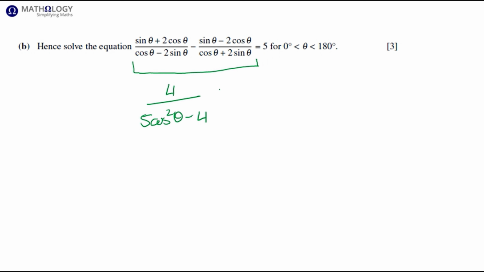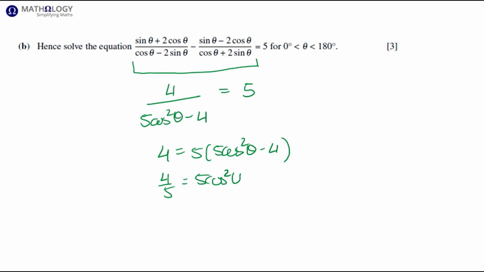So we can now use that to solve this equation. So we can multiply both sides by this denominator. So 4 equals 5 times 5 cos squared theta minus 4. 4/5 equals 5 cos squared theta minus 4.